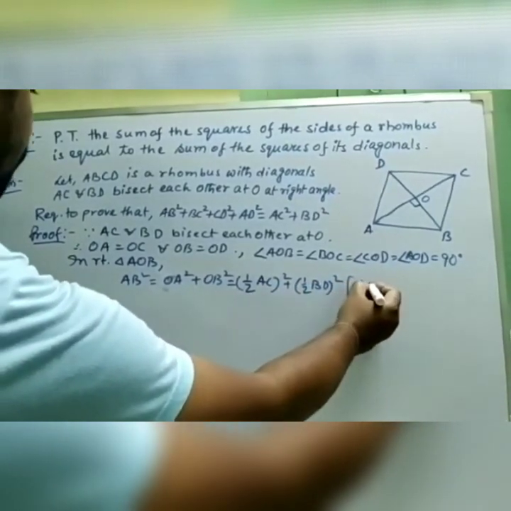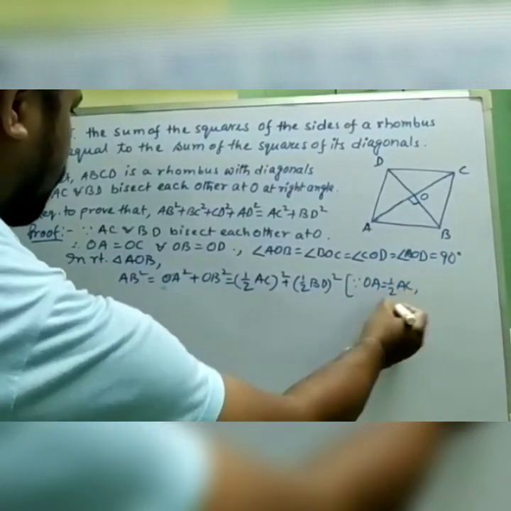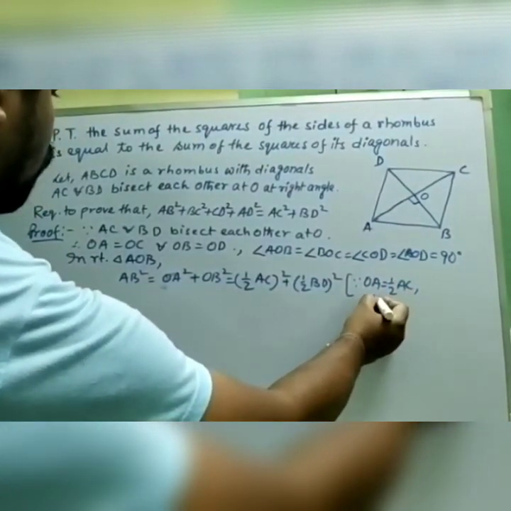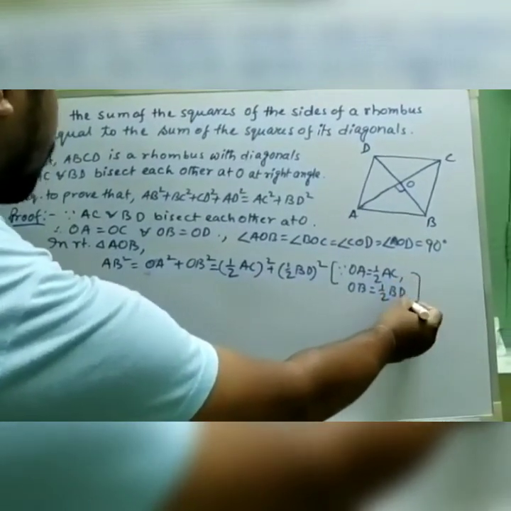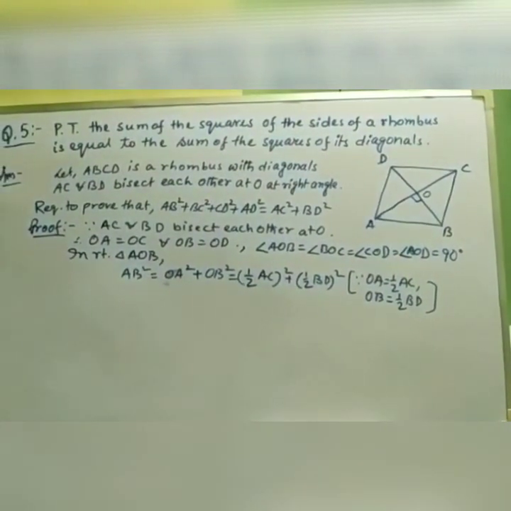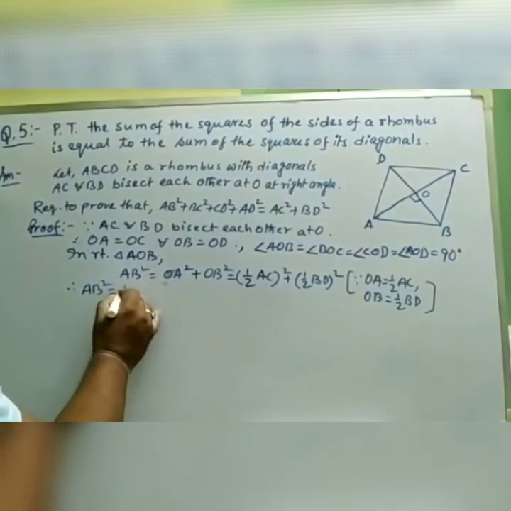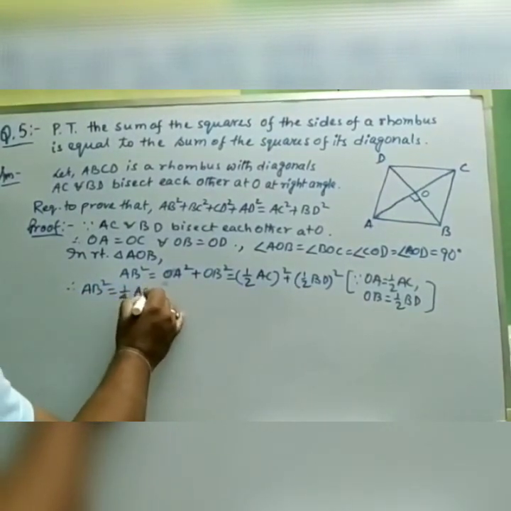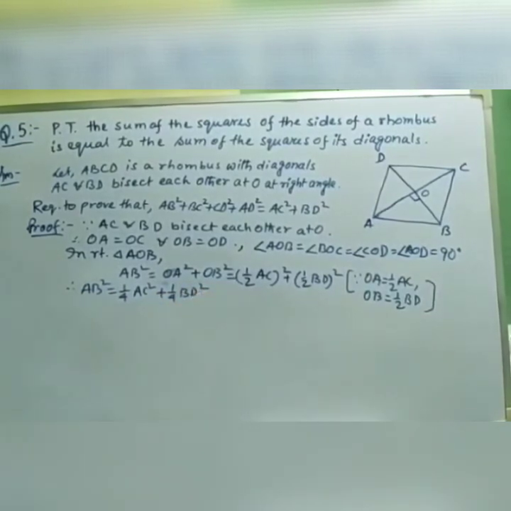Why do you have to write OA equals half of AC and OB equals half of BD? Because we are using this part. So what we are getting? We are getting AB square equals 1/4 AC square plus 1/4 BD square. Clear?